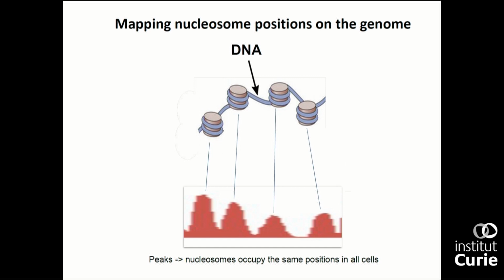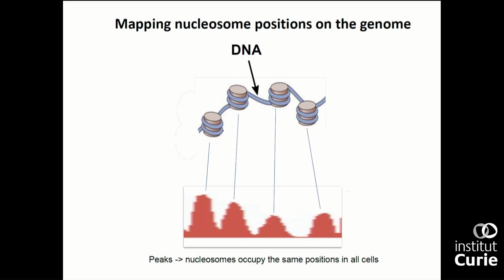Then you read the DNA sequence of all the DNA which is preserved, and then you map back these DNA reads on the genome. And what you end up with is a density of nucleosomes along the genome. You see these nice peaks.